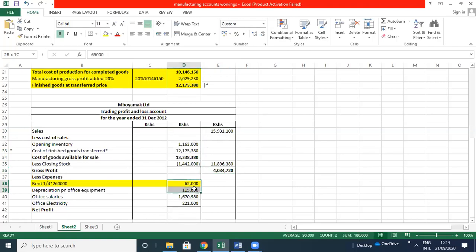I don't see any other expense. Rent is already included there. I don't see any other expense, and therefore we can total the amount that we have here. What do we get?